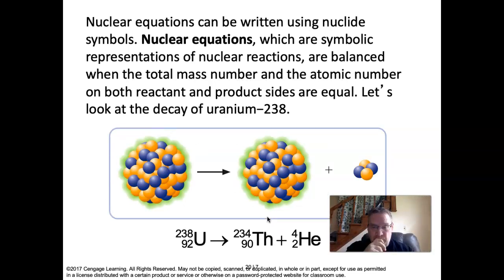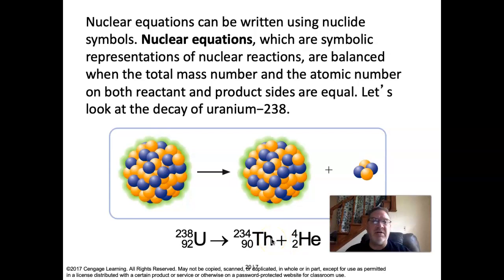Now, the nuclear equations, whether they are decay reactions or bombardment reactions, the key to these is that they are balanced in the mass number and the atomic number on both sides. And you can see that with the uranium here. Add up the atomic numbers down here, the mass numbers up here, and you can see they're balanced on both sides.